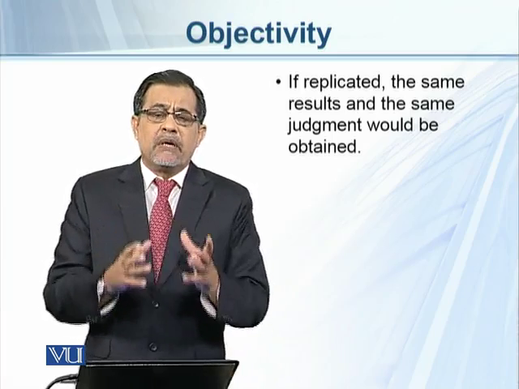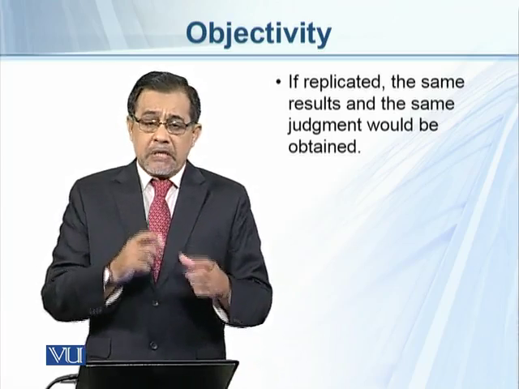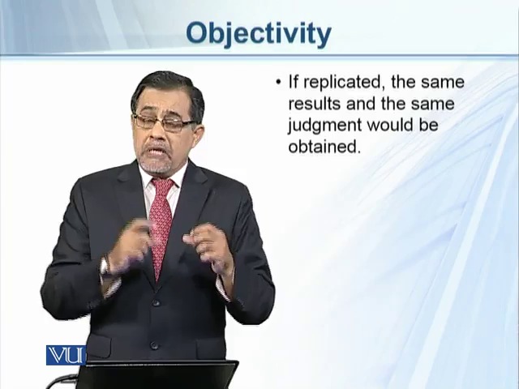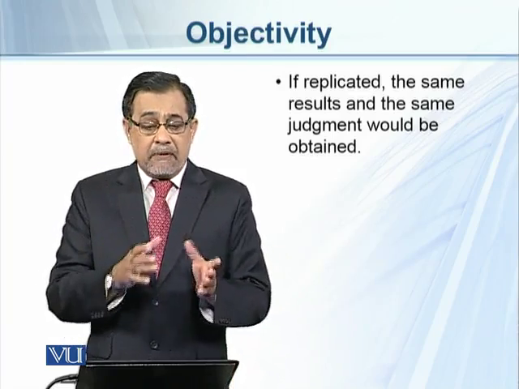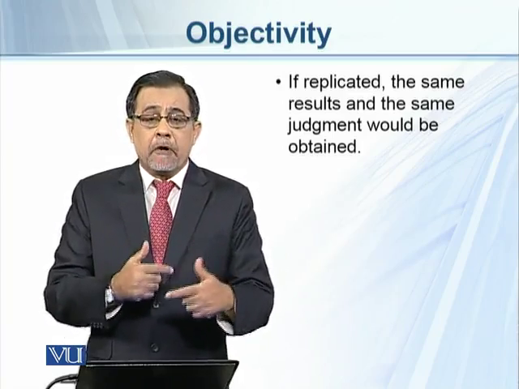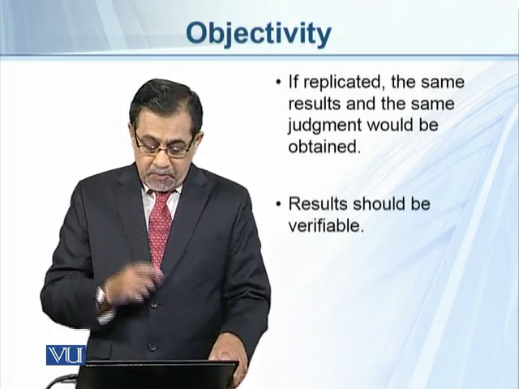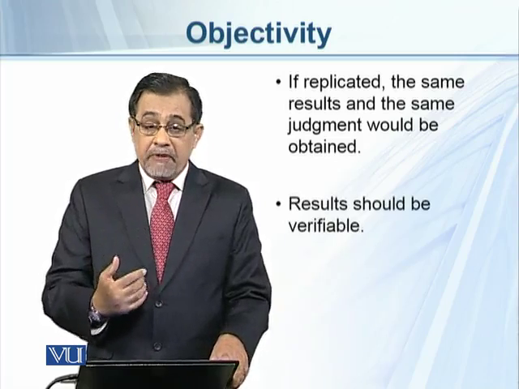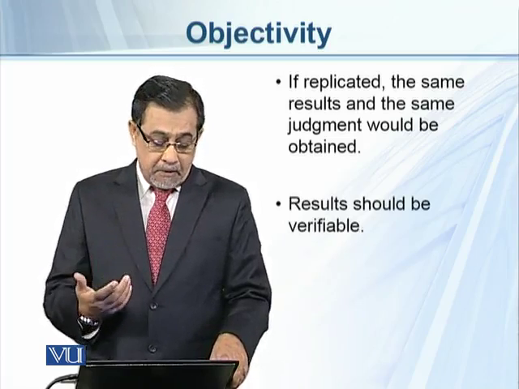So anywhere in the world, if the same experiment is made with the same phenomena, the results are the same. Like science, whenever we repeat the experiment of any scientific phenomenon, we get the same result. The result should be verifiable, as we verify any scientific phenomenon.